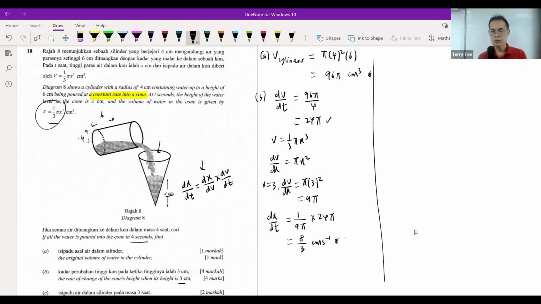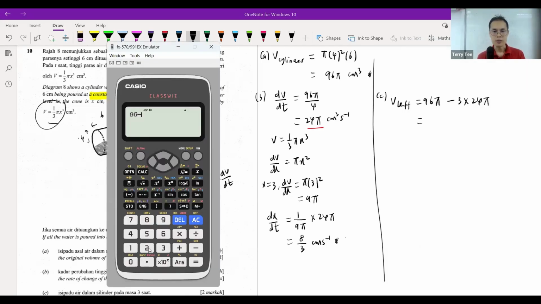If you pour the water from the cylinder into the cone at a constant rate of 24 pi cm cube per second, every second the water reduces by 24 pi. So after 3 seconds, the volume of water left will be, take the initial, 96 pi. Every second, you lose 24 pi. After 3 seconds, you lose 3 times 24 pi. So basically, it's 96.